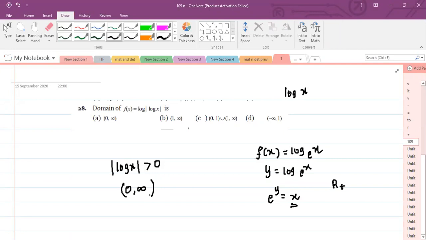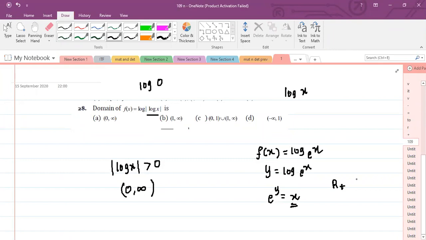But the real problem comes when this log x becomes 1. If log x becomes 1, then the outside term becomes log 0, which is also not defined.